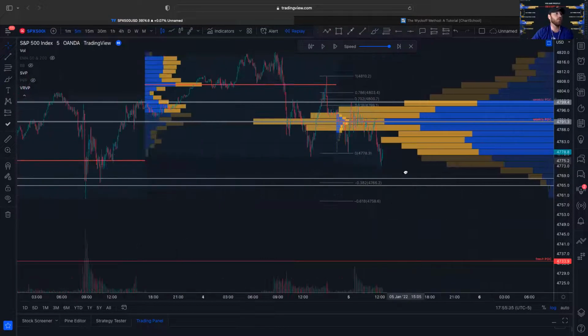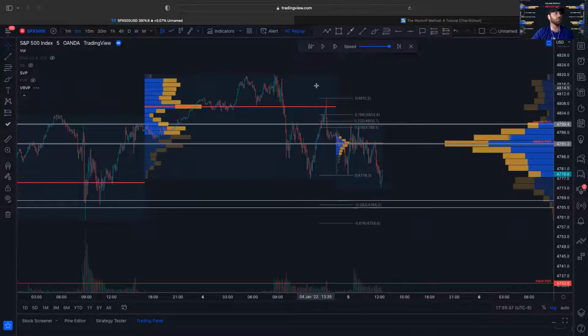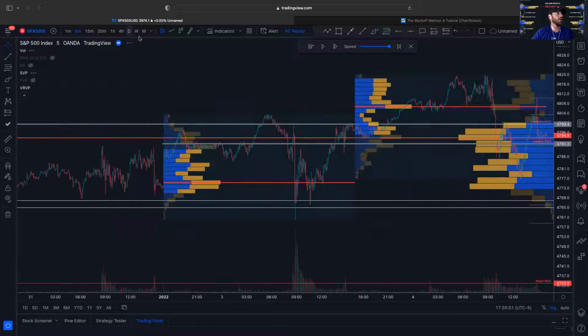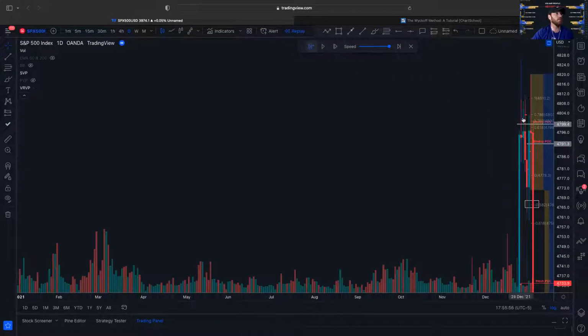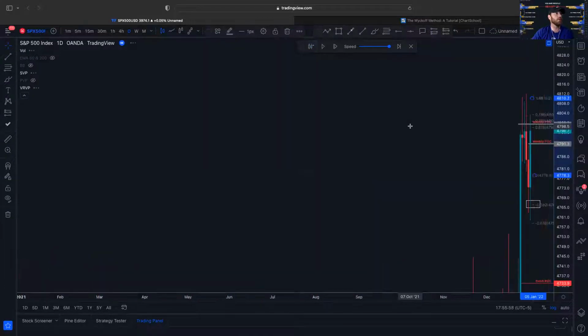It's noon. It's been falling pretty consecutively since the day before. So this day looked like a wick, and then it closed like a doji. So before this day, I want to go look at this daily candle. Come on. I'm just trying to look at this day.